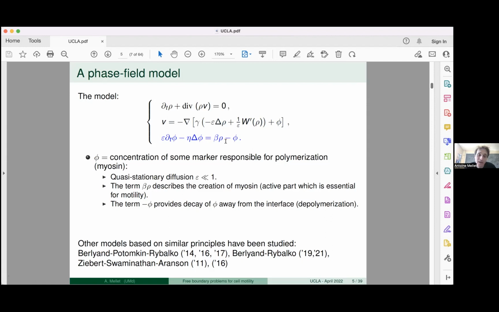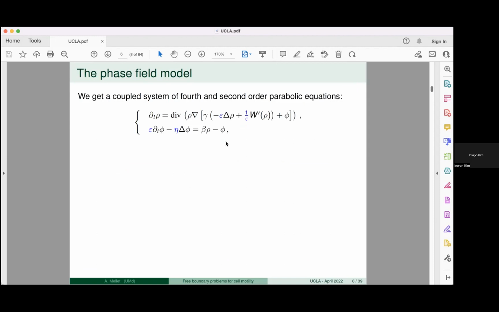That's sort of the goal at the end of the talk: to see that indeed a system like this can lead to what's called self-polarization, so this motion of a cell in one direction or another without having to put into the system any kind of external potentials that would cause some anisotropy. That will be the goal. That's kind of the point.